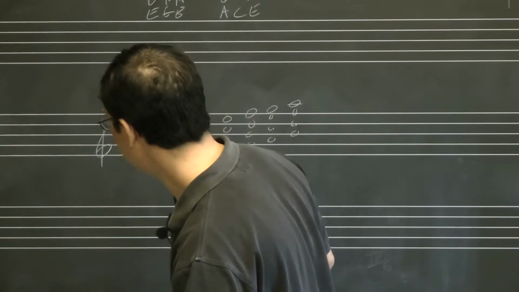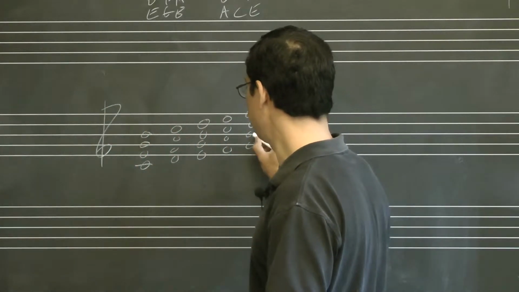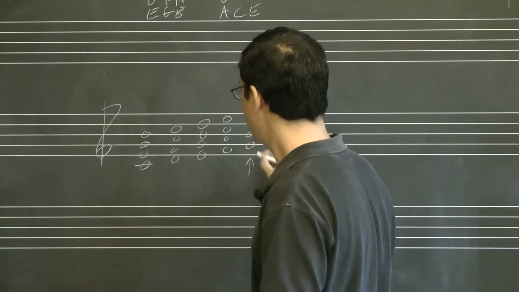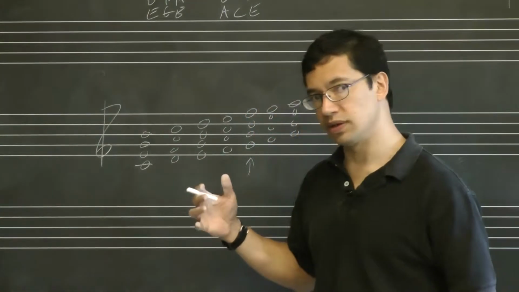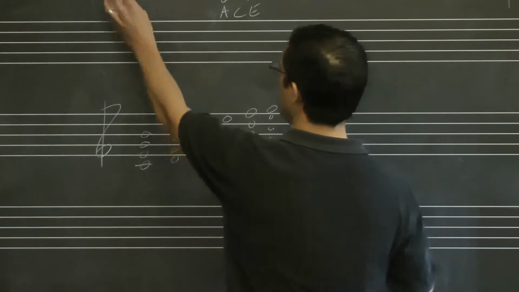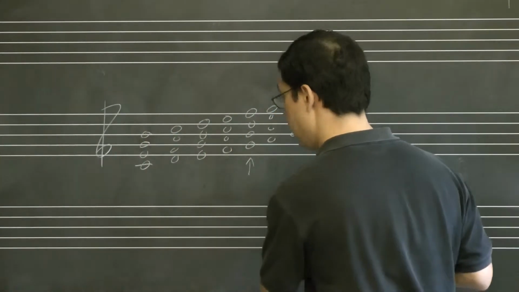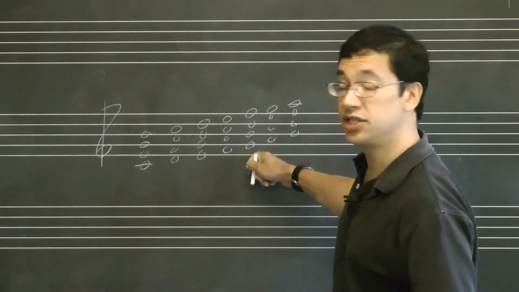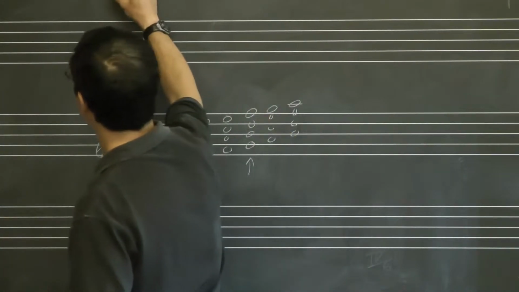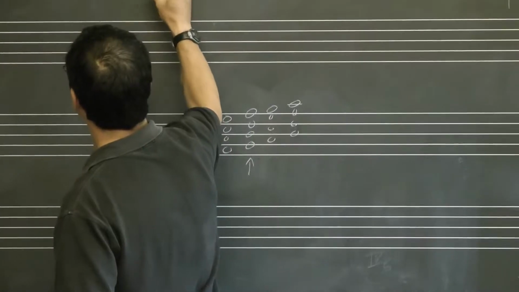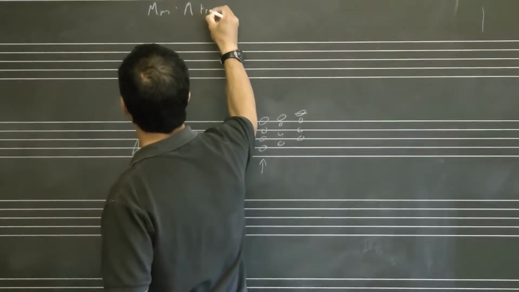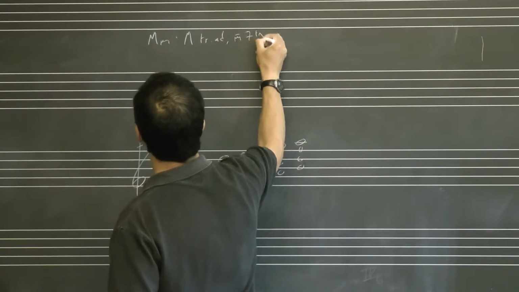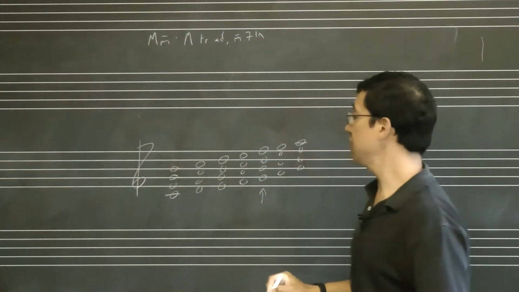Now, the most commonly used seventh chord is this one right here. As we talk, we're going to sort seventh chords the same way we sorted triads, based on their quality. And this one is a major minor seventh chord. So it's a major triad with a minor seventh.